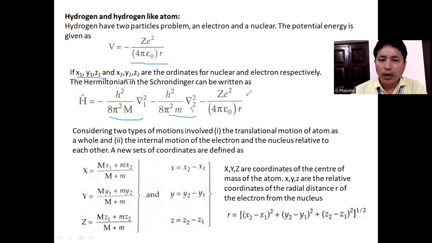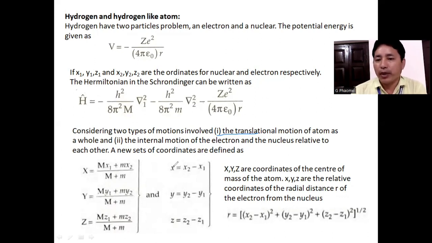Therefore, we cannot separate the electron coordinates from the nuclear coordinates, and so we cannot separate the variables of this type of equation. Therefore, we have to consider two types of motion: one is the translational motion of the atom as a whole, and the other is the motion of the electron and the nucleus relative to each other.